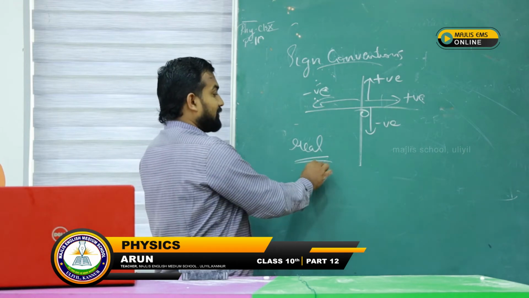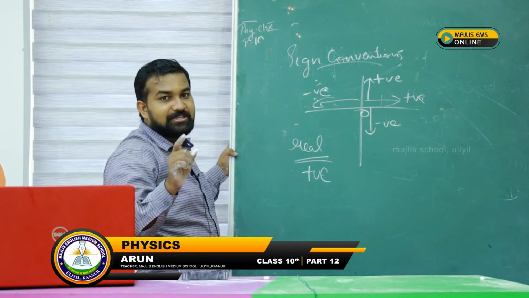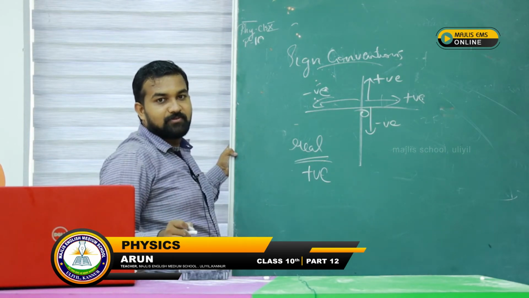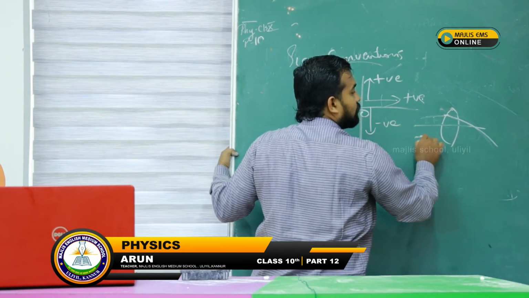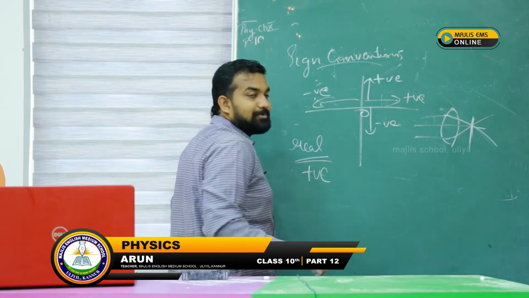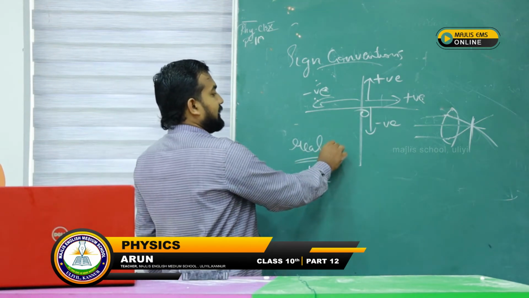It will be positive here. Before, in reflection, it was negative, but here it is positive, because a real image is always formed on the right-hand side. So it will be positive.